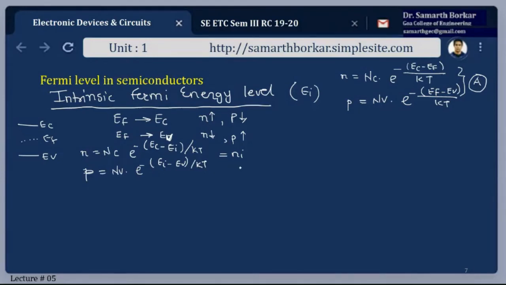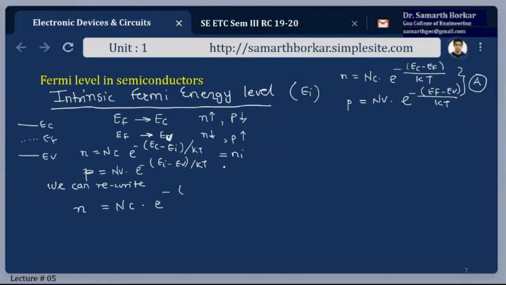Now we can rewrite it as N equals NC into e raised to minus of.